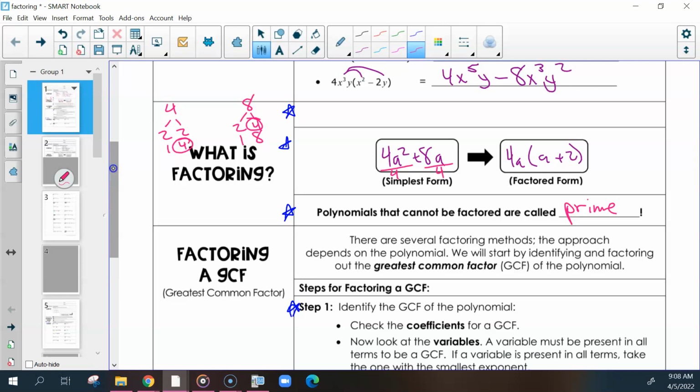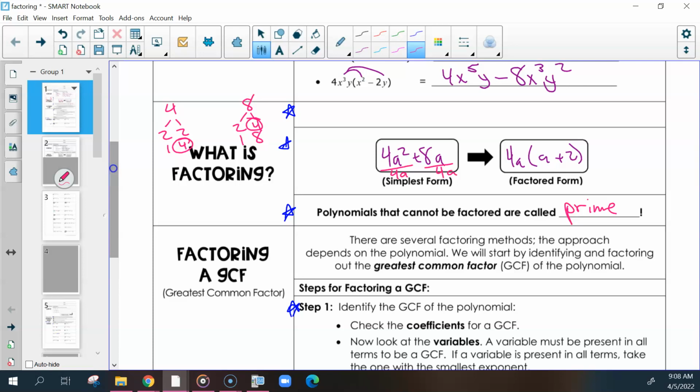I couldn't take out A squared because they both don't have that. But they both have at least one A. This one has more than one, but that's okay. That would also be part of your GCF and part of what you divide, which is why there's a 4 and an 8 on the outside.